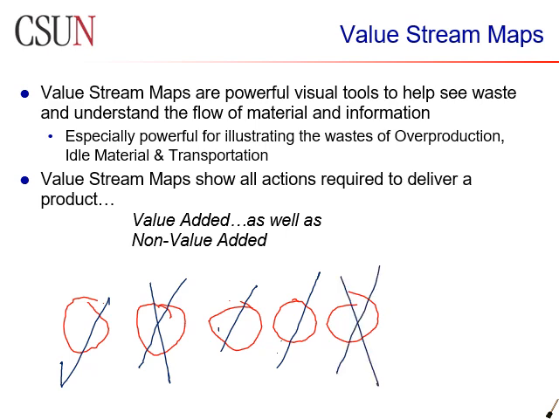So we draw value-adding activities as well as non-value-adding activities. Make sure that you draw the current status as is, whether it includes value-adding activity only or non-value-adding activity as well.